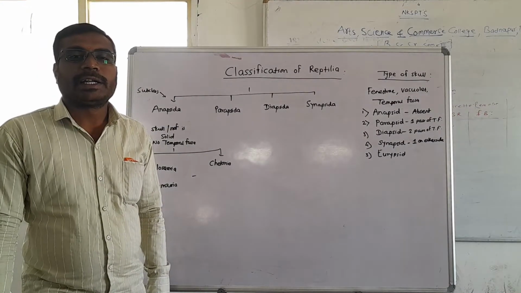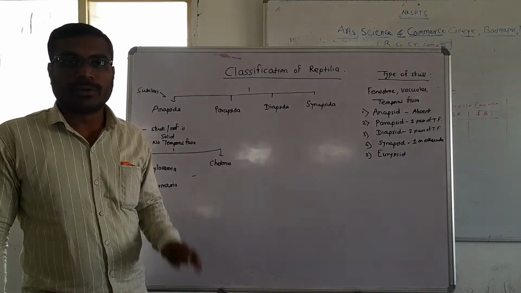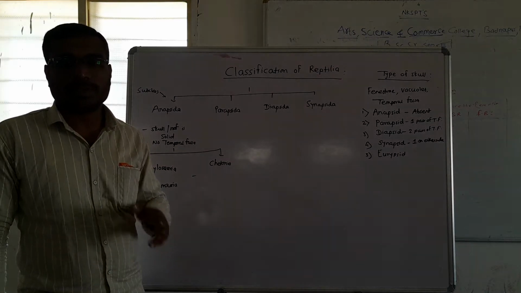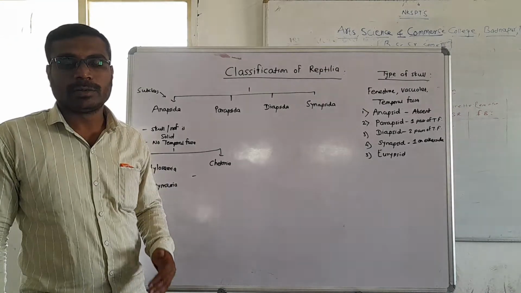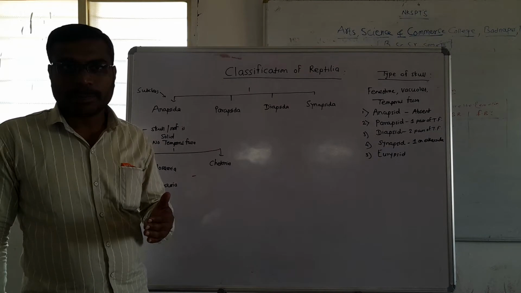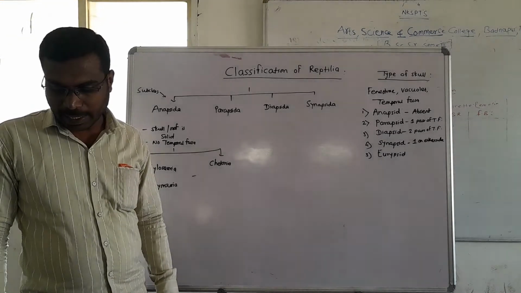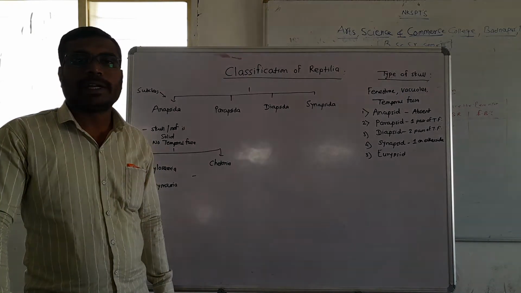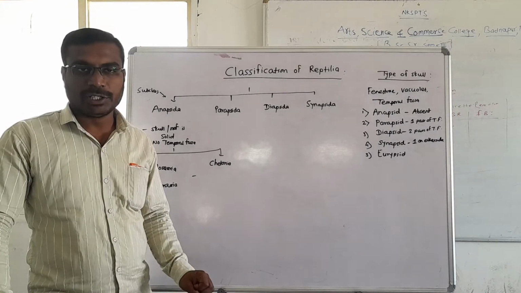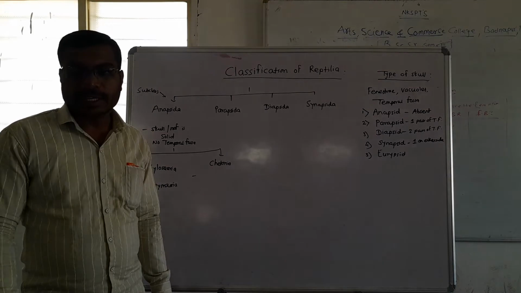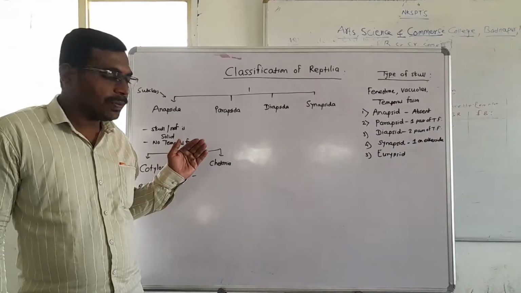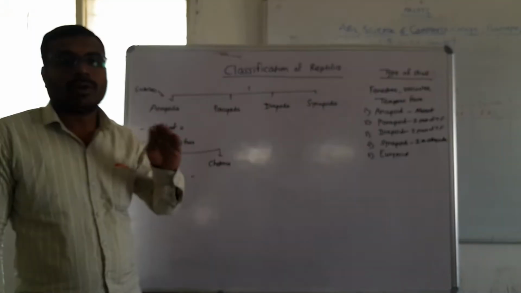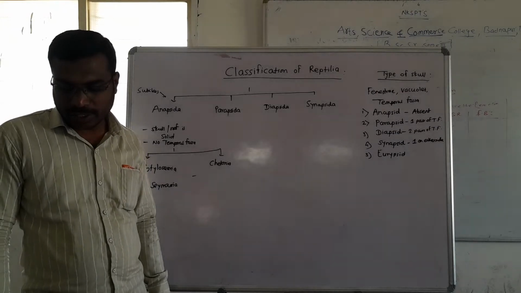They are tetrapods having four limbs, two pairs of limbs, two frontal and two present backward. Then they have walking legs with pentadactyl, five digits. The trunk is enclosed in a bony shell. The entire trunk or body is covered by a bony shell.